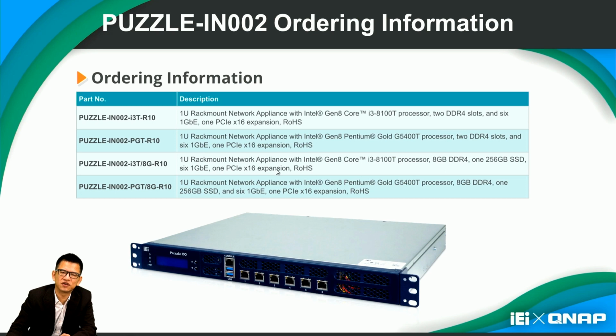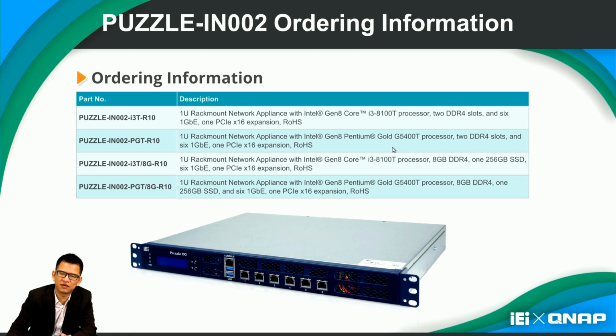This is the other information of PulZe IN002. As I mentioned, Core i3 is very important in this generation. So we have the Intel Core i3 A100T CPU in this system, and the other CPU is the G5400T, a Pentium Gold.